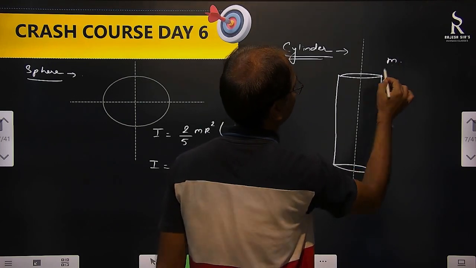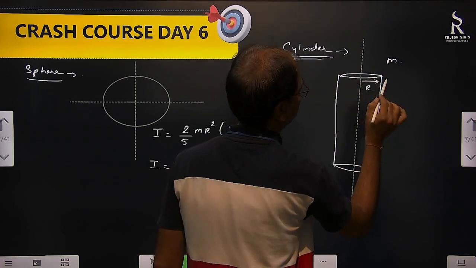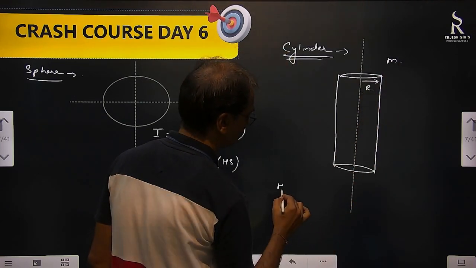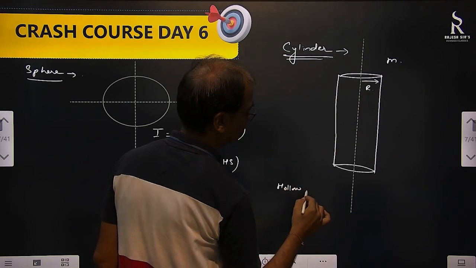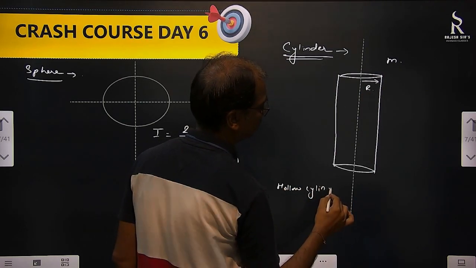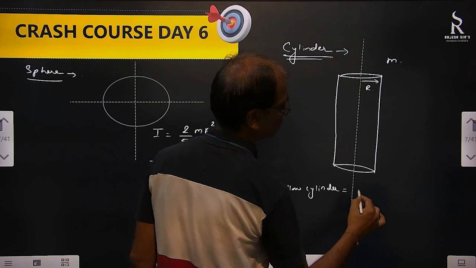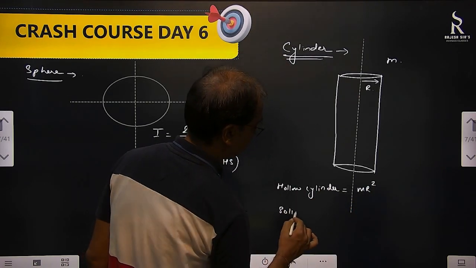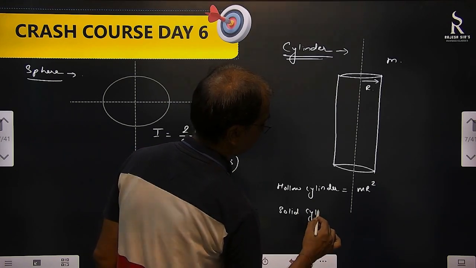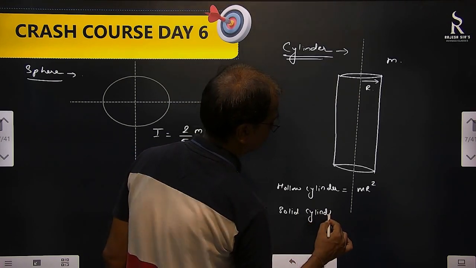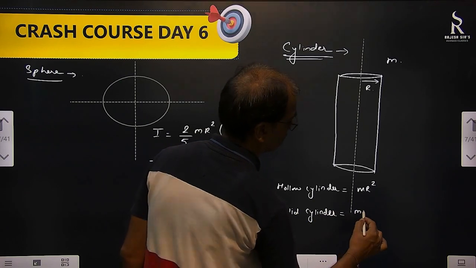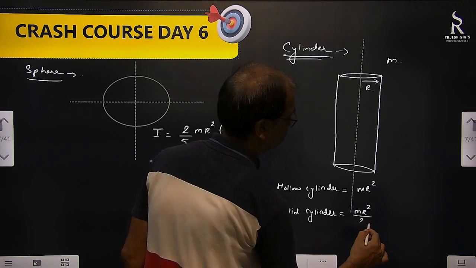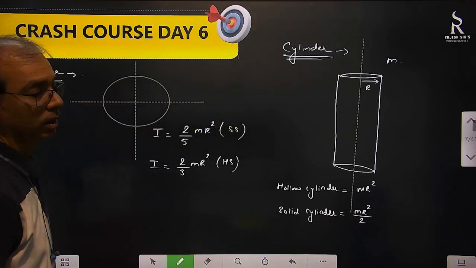Mass is m, radius is r. Two cases are possible. One is the hollow cylinder, whose moment of inertia will be similar to the ring, so here it will be mr square only. For a solid cylinder, it is mr square by 2, like the disc. These are all standard values we have to remember, there is no choice.